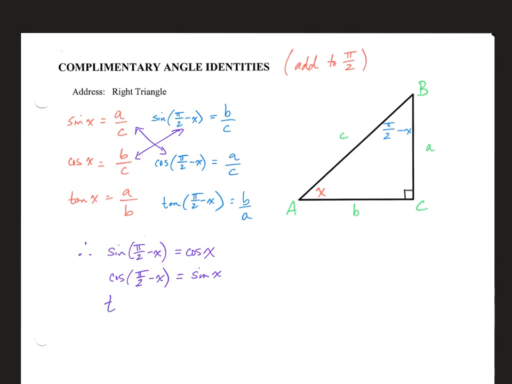And so, if I was to state then that the tan of pi by 2 minus x was the reciprocal of tan x, then I know that to take the reciprocal of tan x is really cotangent x. And we're just going to write in reciprocal beside. So there are three more identities that we need to know. And you can see where they come from.